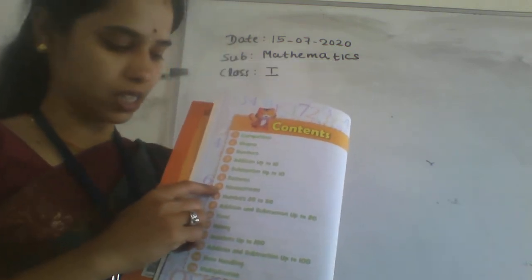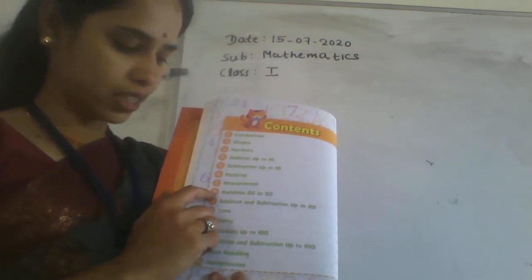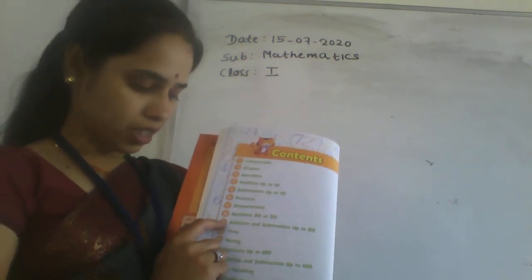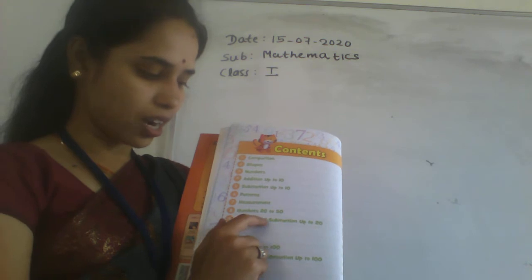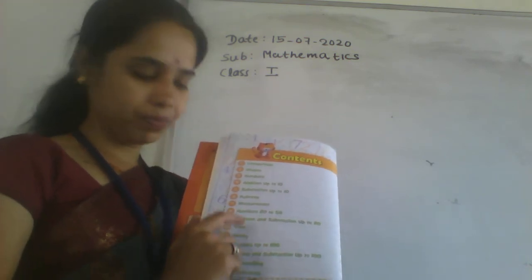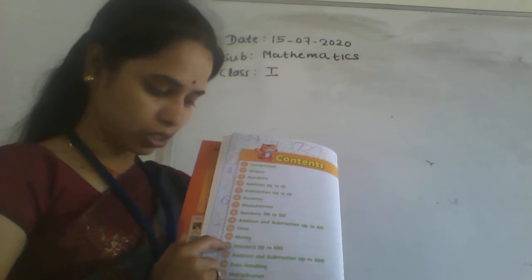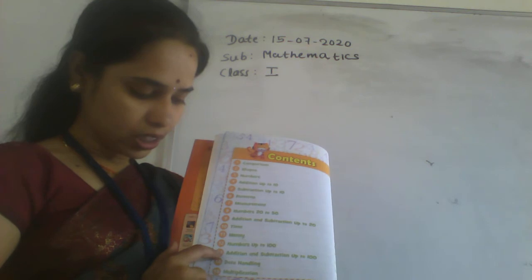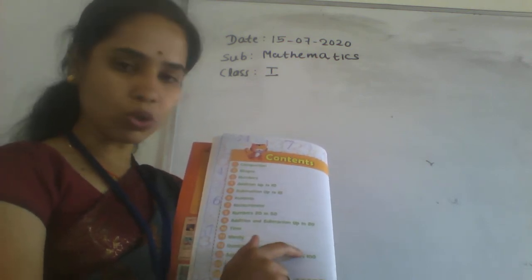Seventh chapter is measurements. Eighth chapter numbers 20 to 50. Ninth chapter addition and subtraction up to 20. 10th one time. 11th one money. 12th one numbers up to 100. 13th addition and subtraction up to 100.